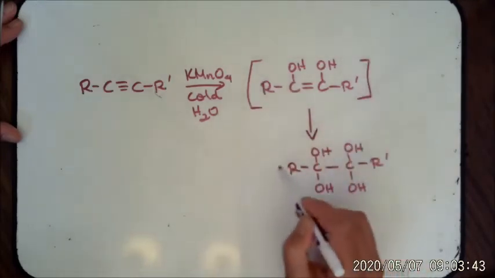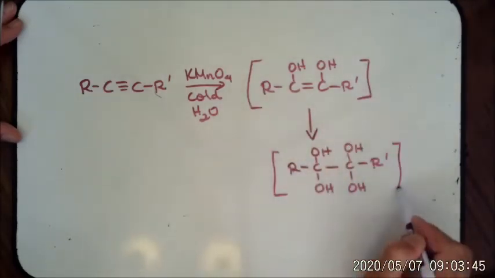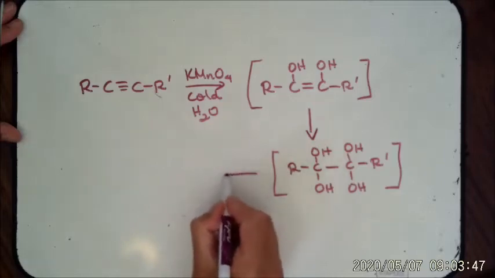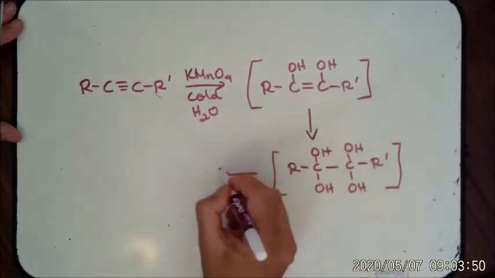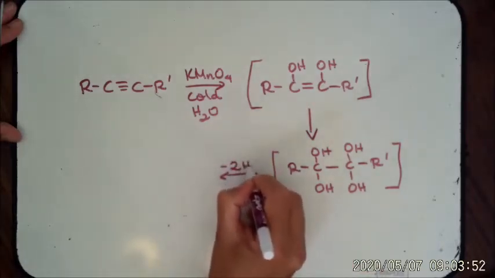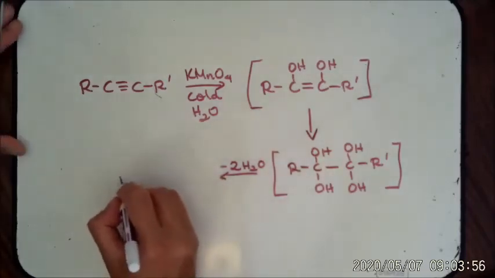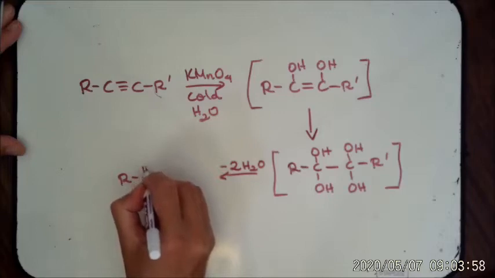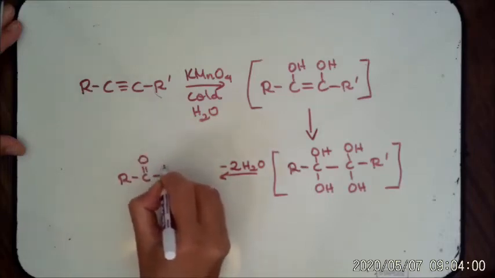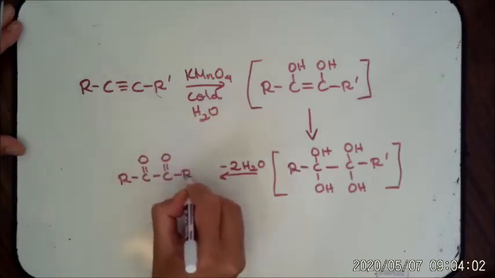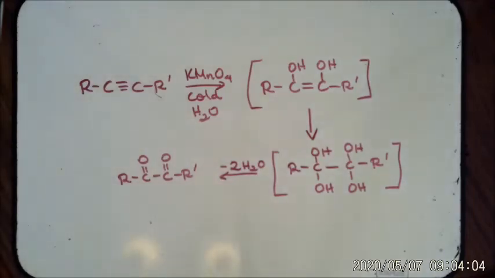This is like an intermediate. This one you continue to form, and then that's when you lose two waters to get your diketone. We'll do some examples in just a moment.